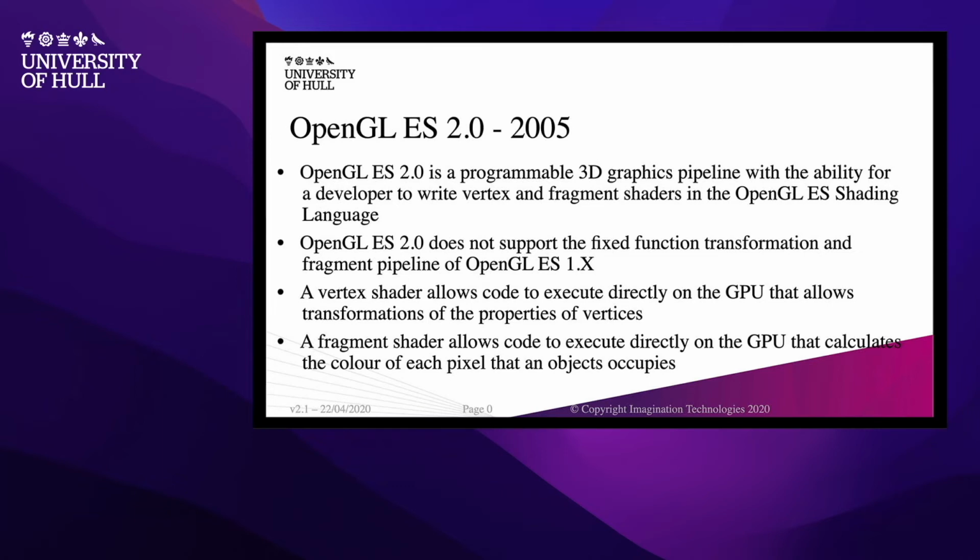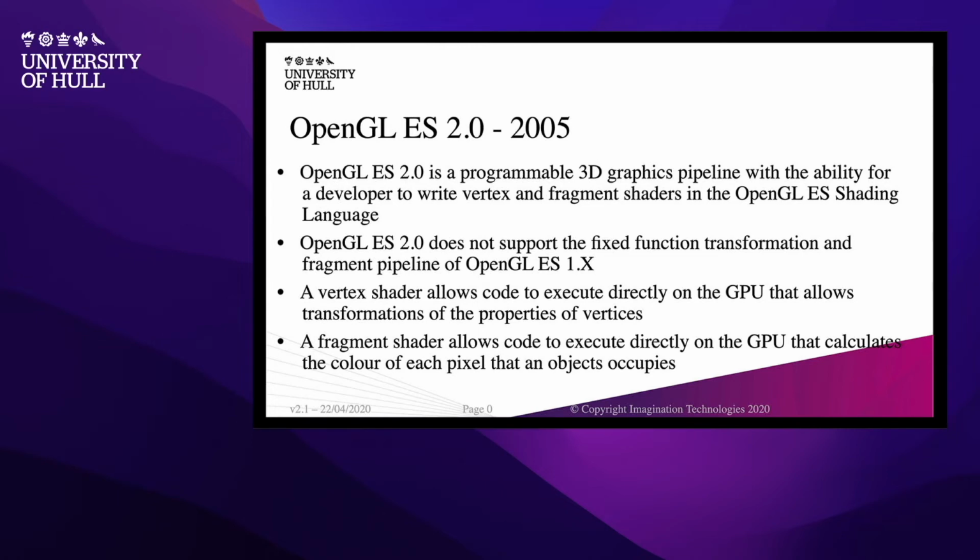The ability to write your own code to override the default functionality of the GPU is absolutely fantastic. Because of that, it's not backwards compatible with anything OpenGL ES 1.0. So if you've got any code using OpenGL ES 1, you can't run it with this because they're different. It's a different architecture, hardware architecture and so on.